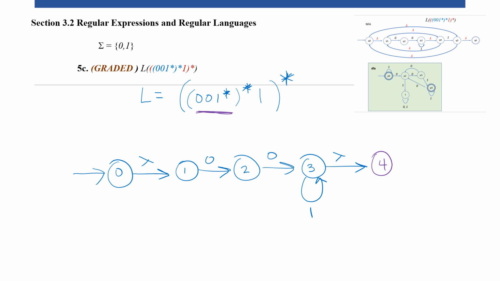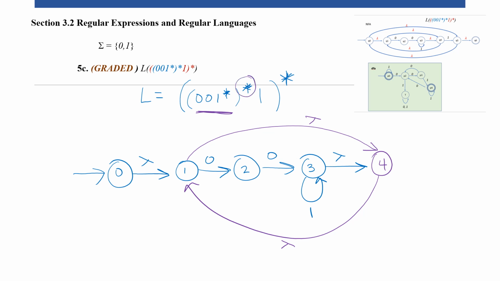So I can not do it at all, and just skip over it at that lambda transition, or I can come back and do it over and over and over again. That's what that lambda transition is right there. Those lambda transitions are for this star right here.